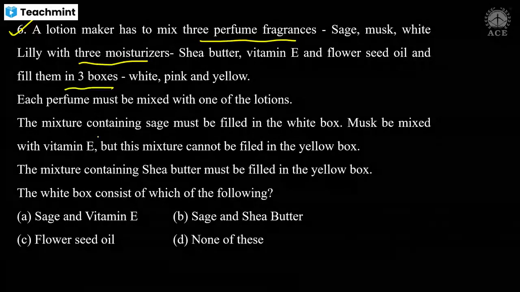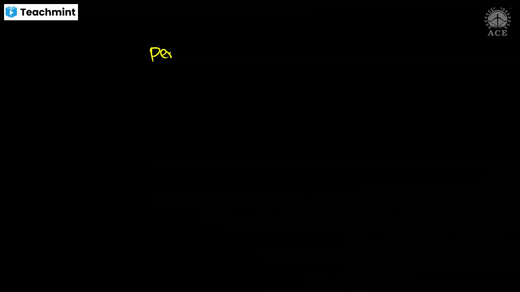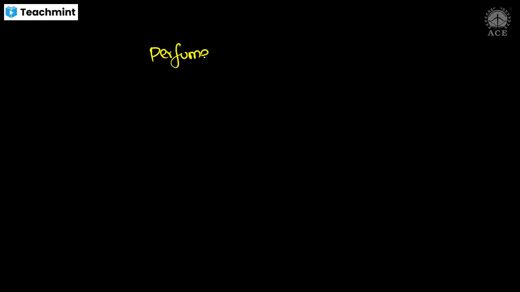That's the thing. I can say we have three columns: which perfume or fragrance, which moisturizer, and which box we are using. So that combination we have to calculate, right?